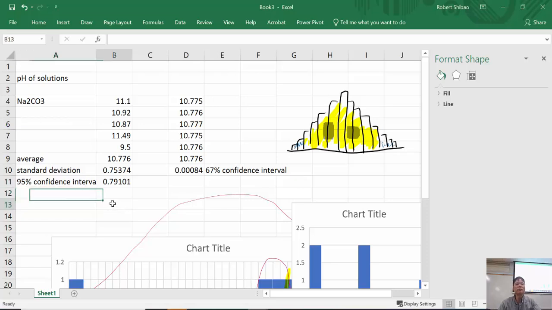And so what we do in science is we report it like this. We report it with, I think we had 2 decimal places, so I'm going to average this at 10.78.